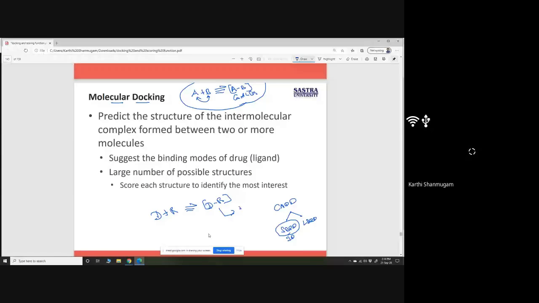This is what we call drug action. So the formation of this complex is very important. There are different ways to make this complex. We can do some wet lab analysis, but the simplest way is to use the computer to form the complex. This procedure or protocol is what is called molecular docking, right?